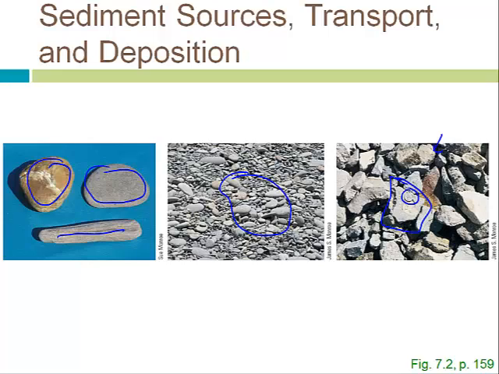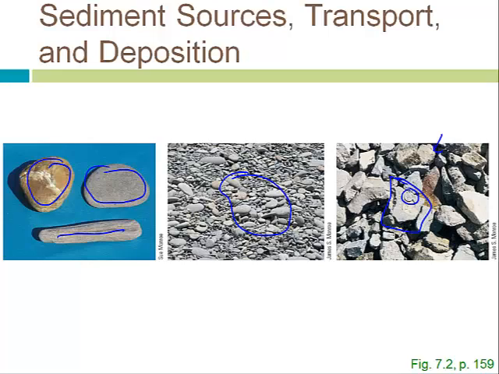We know that sediment goes through a process of sorting and rounding depending on how it is transported. And obviously the larger stuff or more dense material falls out of the water column first because it takes a certain amount of energy to keep that material in the water column, which means moving or bouncing down the stream bed.